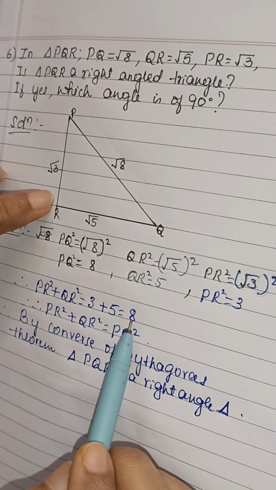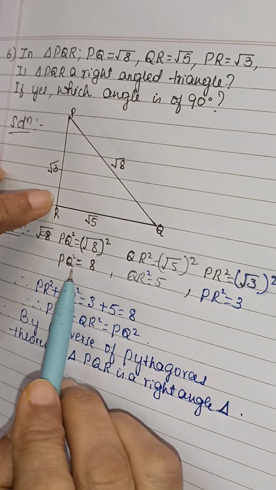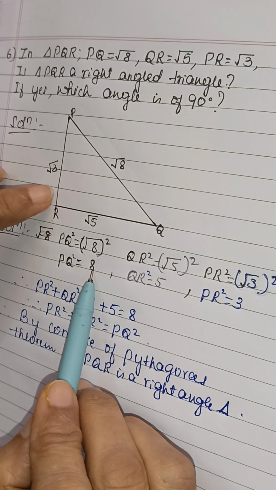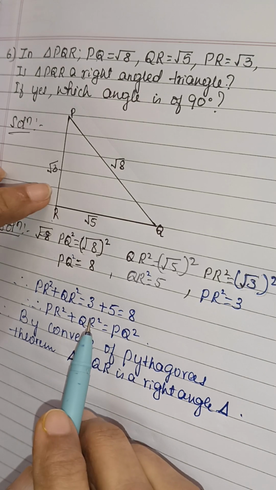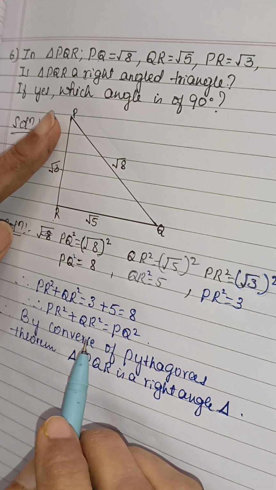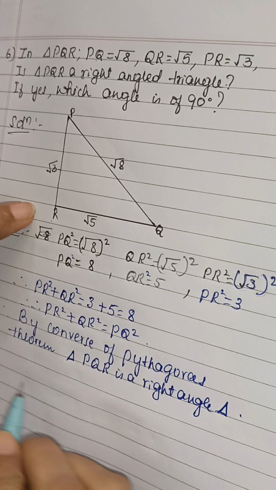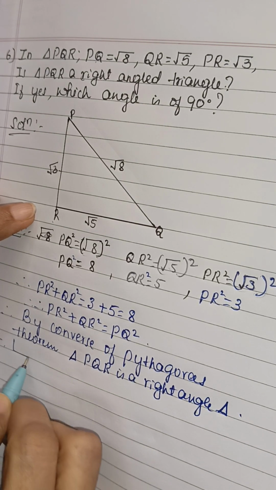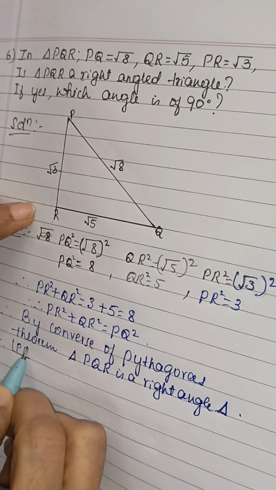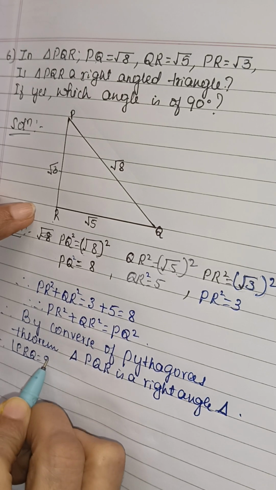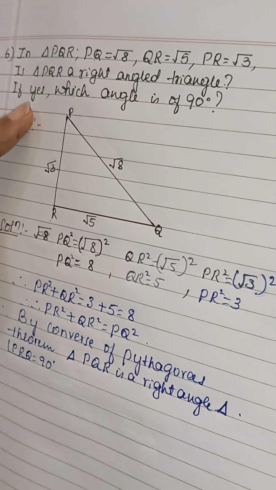This is 8 and PQ square is 8. Therefore angle PRQ is 90 degrees.